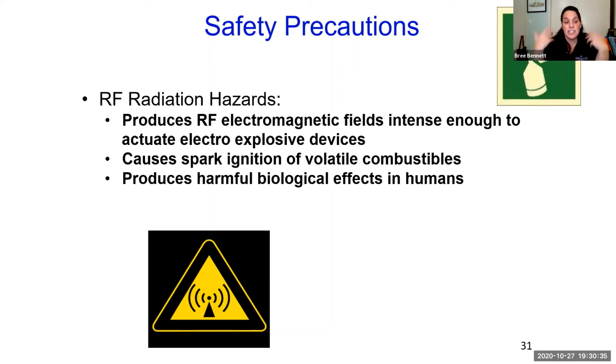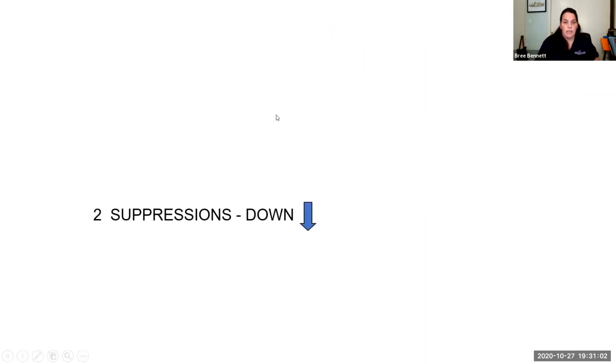When it's safe to get closer to the radar antenna is when it is not moving. It can cause sparks for volatile combustibles. It can produce harmful biological effects in humans. Again, you do not want to be close to these radars. They are very powerful, so keep that in mind.